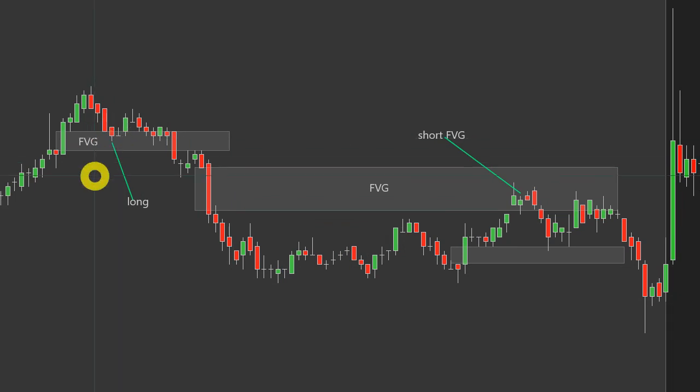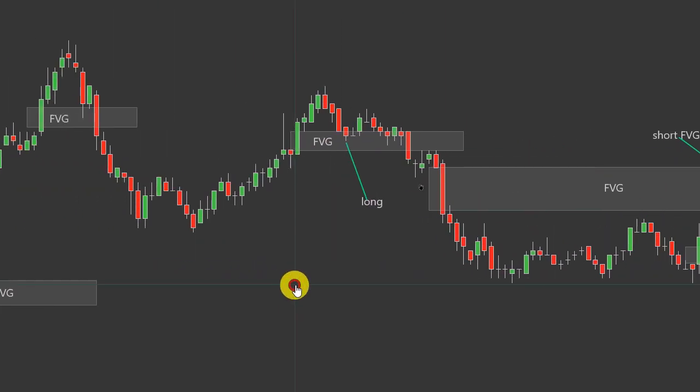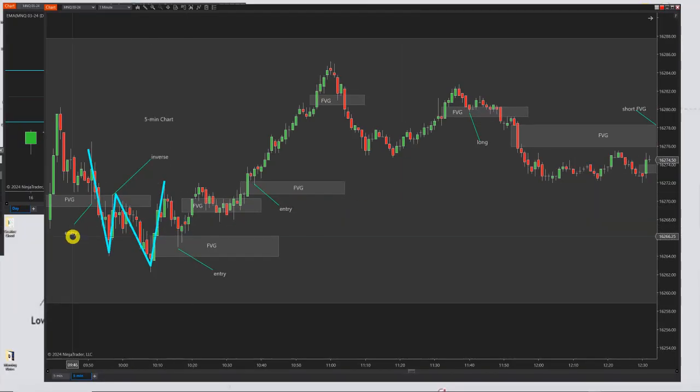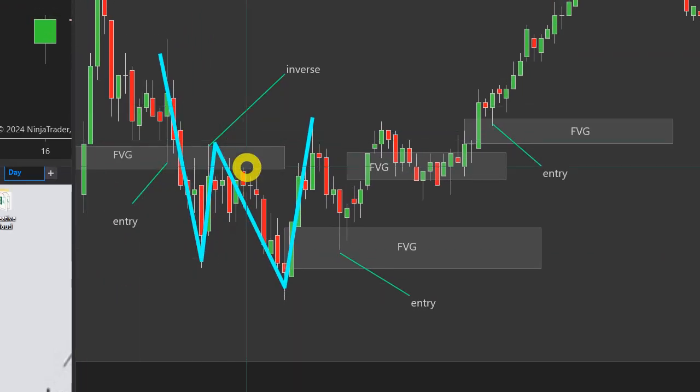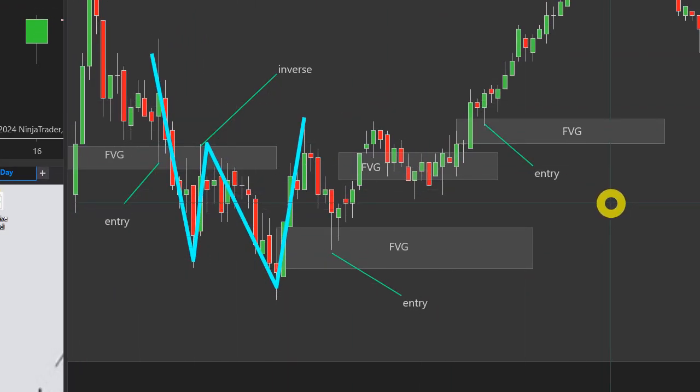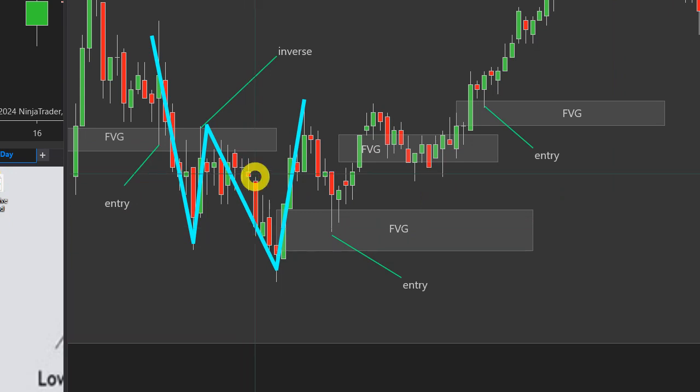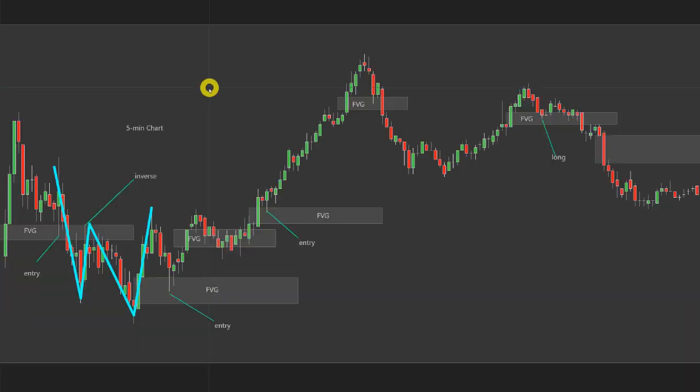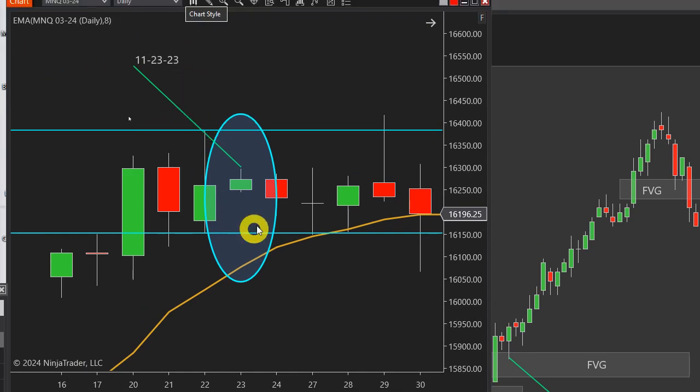Because obviously the breaker block idea is gone, what happens at the beginning of the day, we're trying to combine a breaker block with a fair value gap. Usually that's going to happen at the beginning of the day, or at the high or low of the previous day, and we don't have that opportunity on this particular day.